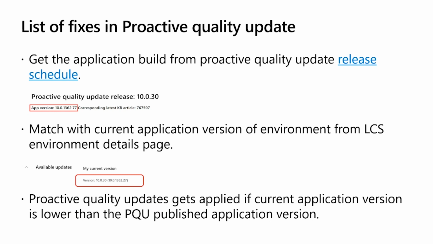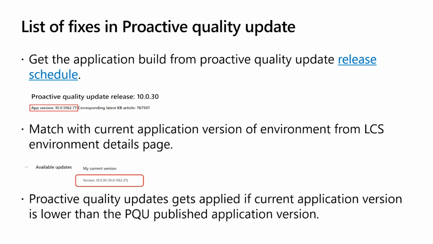Then you can go to your target environment in the LCS page and check in the available update section what the current application version is for your environment. In the example I'm showing, it was .27. So my proactive quality update version is definitely higher than this particular update, which means we'll push the updates on this environment.